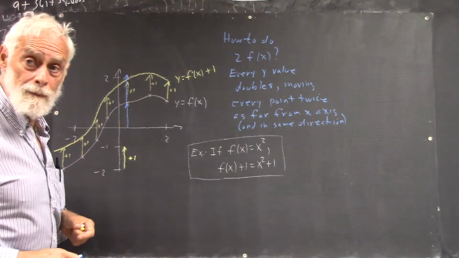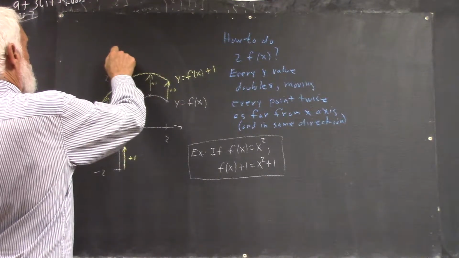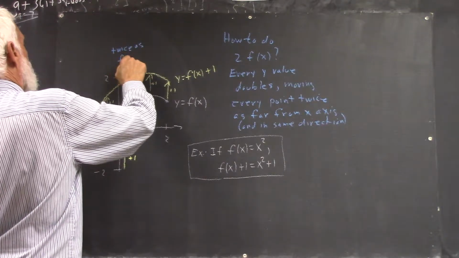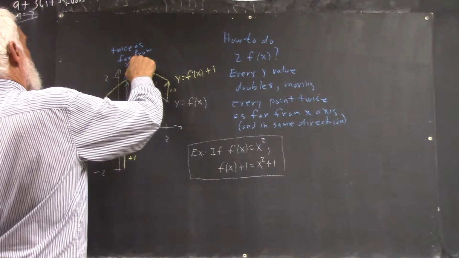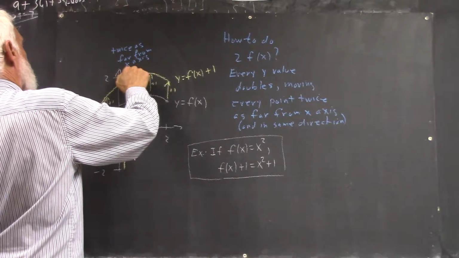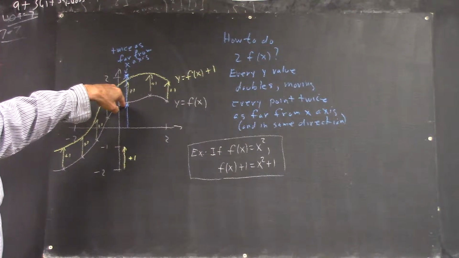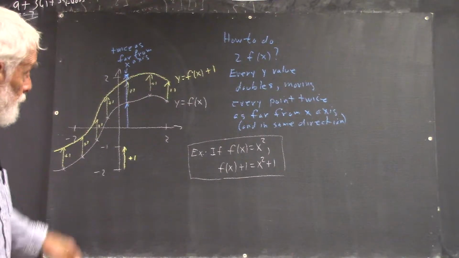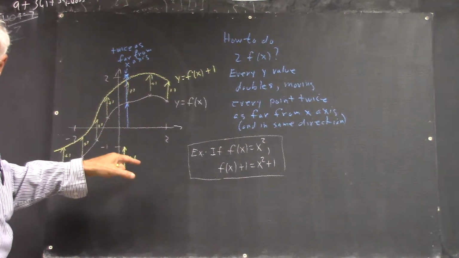Okay? This point is twice as far from the x-axis as this one. And of course, we're going to do it in the vertical direction because our distance from the x-axis is measured perpendicular to the x-axis.